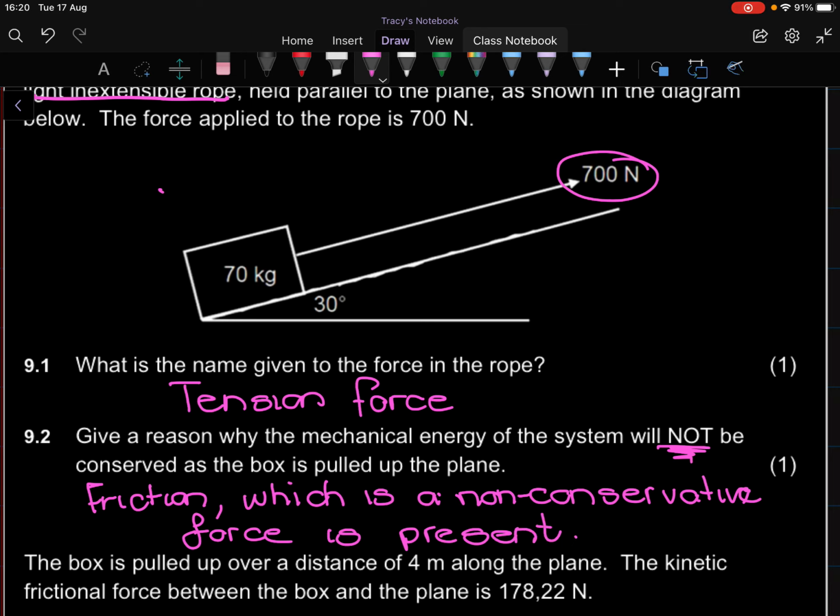Very, very important here. Okay, friction, which is a non-conservative force, is present.